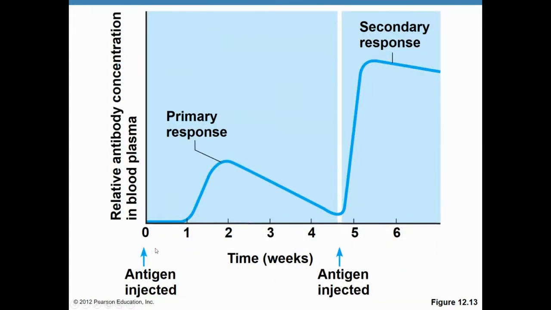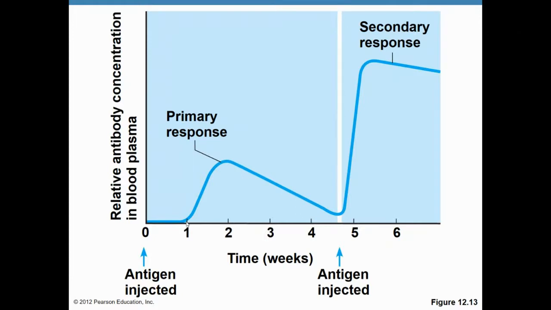So in primary response, let's say on day 0 is the day that you pick up this virus, right? You're walking through Target, you grab a basket, you accidentally rub your face, and the virus gets in through your mucous membranes. It's going to take about a week for us to go through that stage where we find the appropriate B cell, we activate it, it undergoes clonal selection, and then the clones are going to differentiate into our plasma cells.